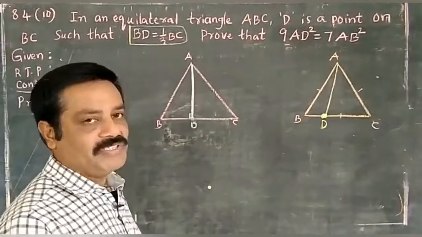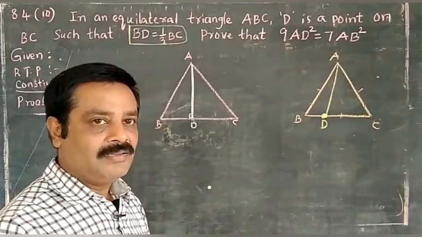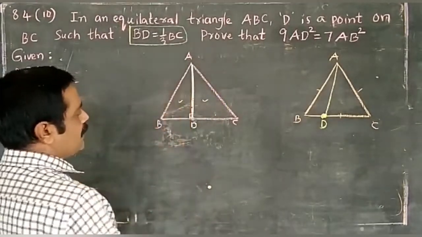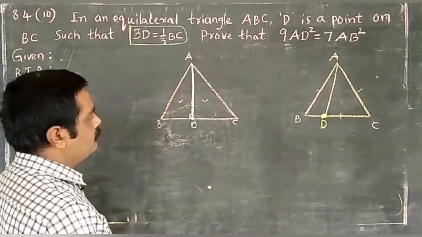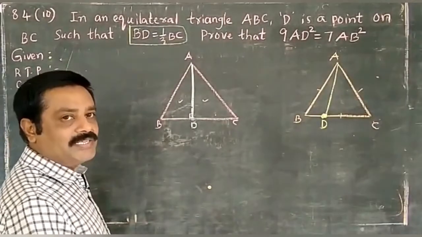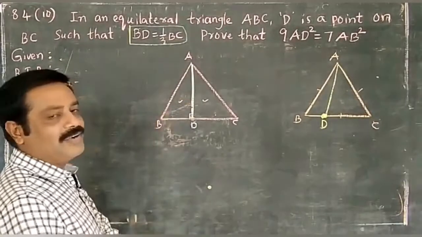Already we know this information from 9th class. Otherwise, recall it once: these two triangles we have to show congruent by the RHS axiom.